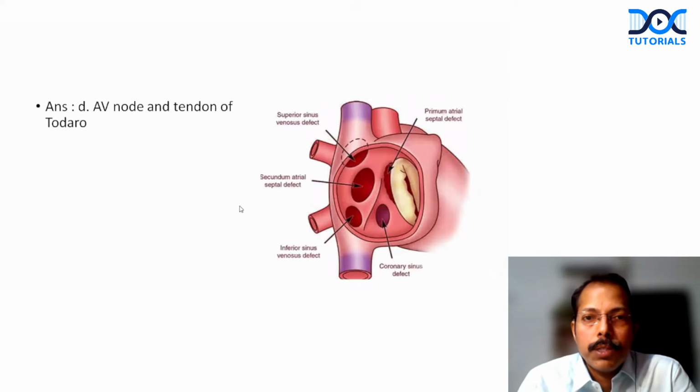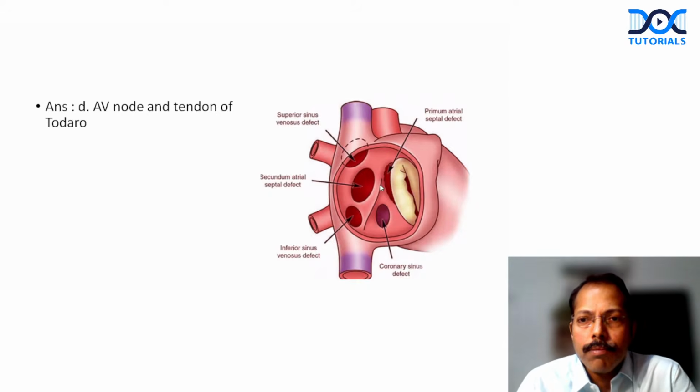So the right option is AV node and tendon of Todaro. Likewise, read the questions clearly, write down what they are asking, think, and recall the things you have learned from our classes. Then you can look for the answers straight away. Don't read all the options first, because definitely it will be confusing during examination.